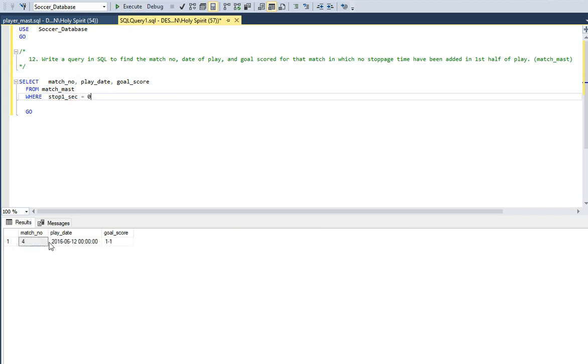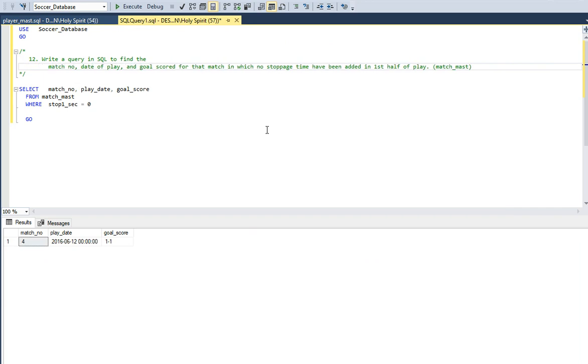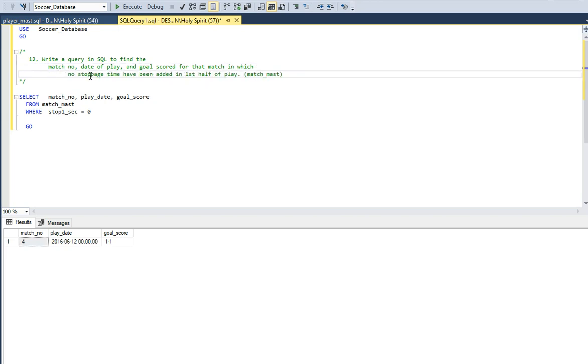Execute. This is the one what they were asking for. So in everything, before we write a query, first of all go through what they are asking for. The match in which, so this is the where condition. So this is what we have to be mindful of.